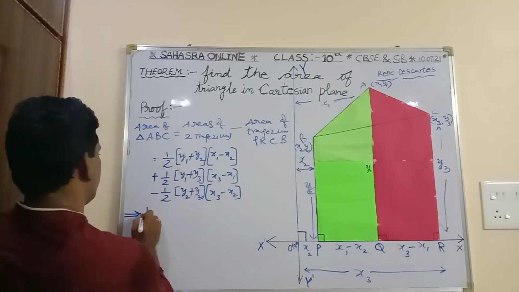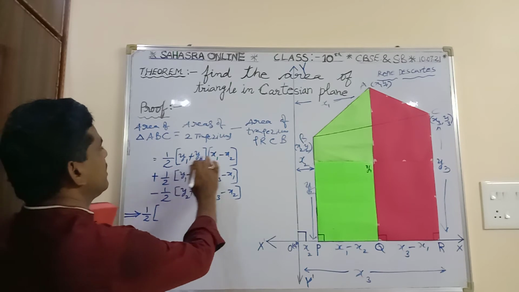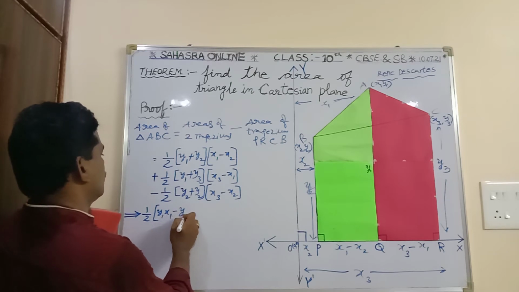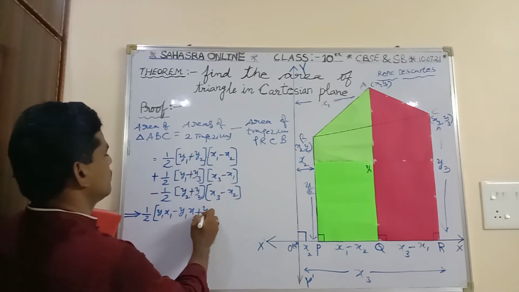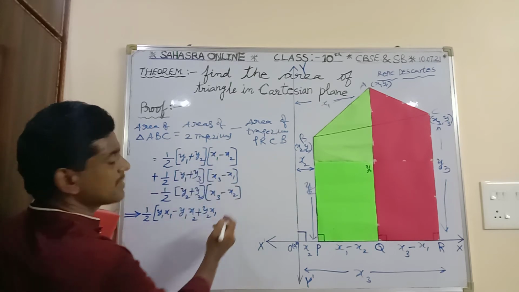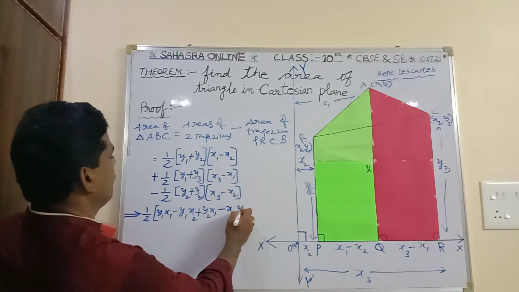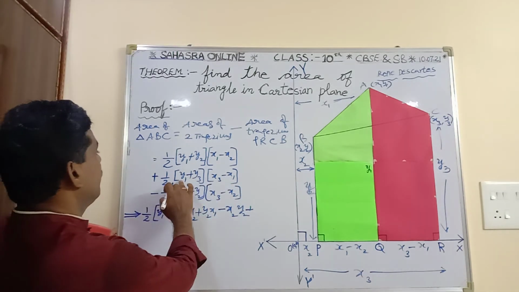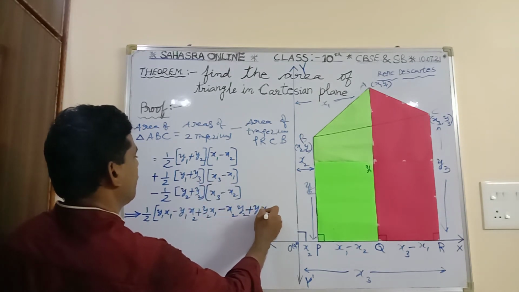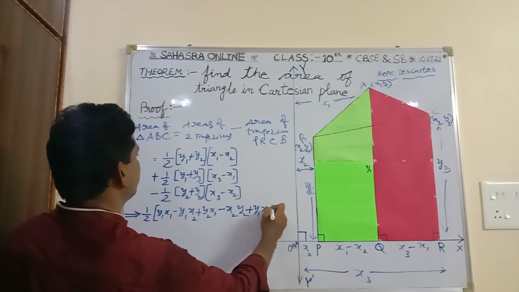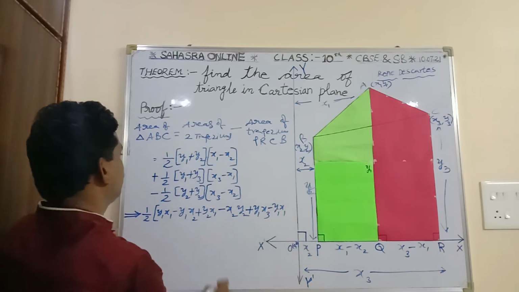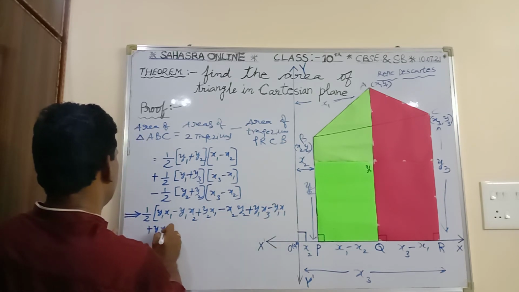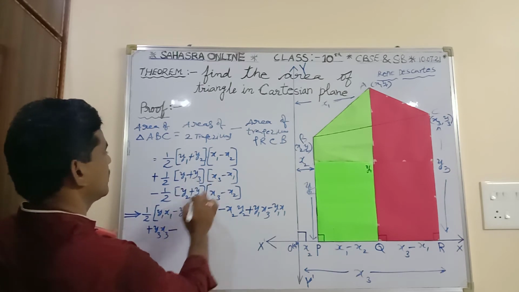Half into, taking half as common: y1 x1, minus y1 x2, plus y2 x1, minus x2 y2, plus half taken as common, y1 x3, minus y1 x1, plus y3 x3, minus x1 y3.